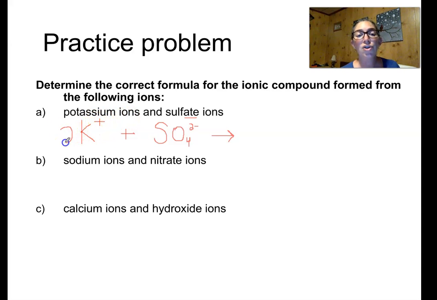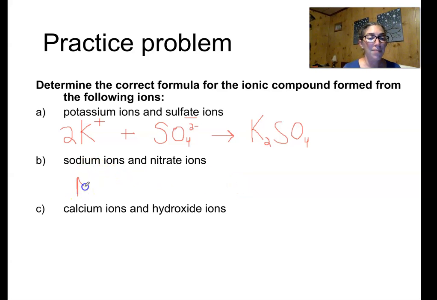So we're going to need 2 potassiums to combine with the sulfate in order to make a neutral ionic compound. So that 2 is going to be in the subscript: K2SO4. We no longer have any charges. This whole thing is neutral, and those ions have combined to form that neutral substance.